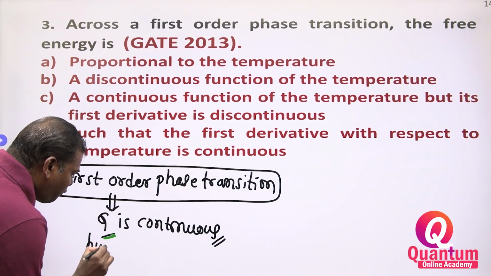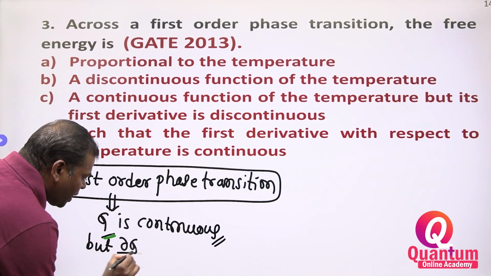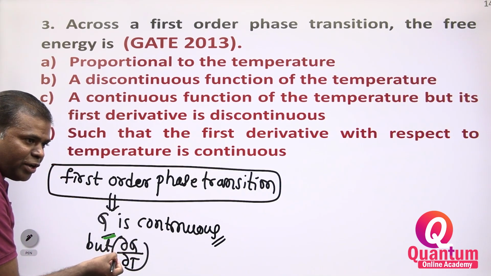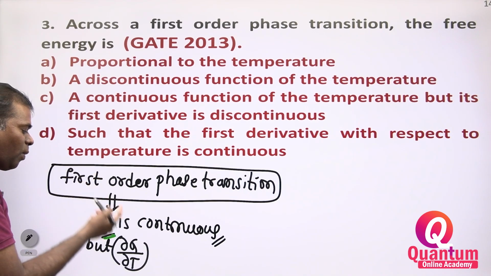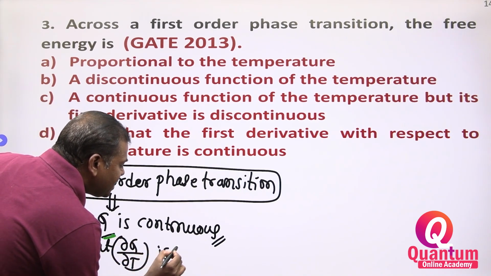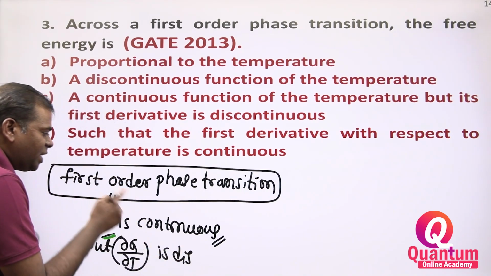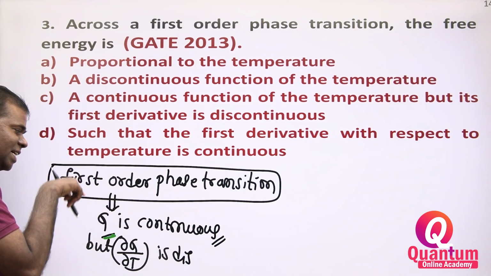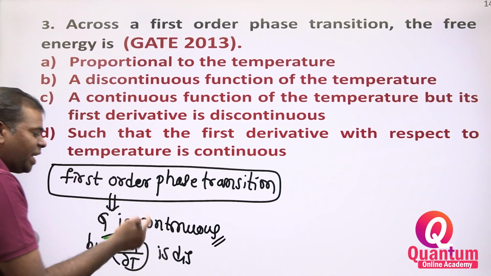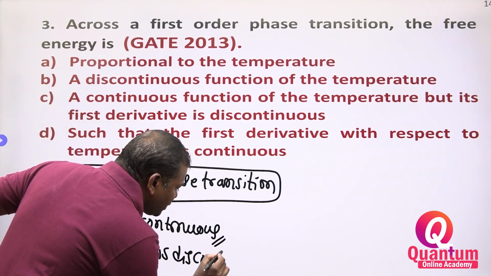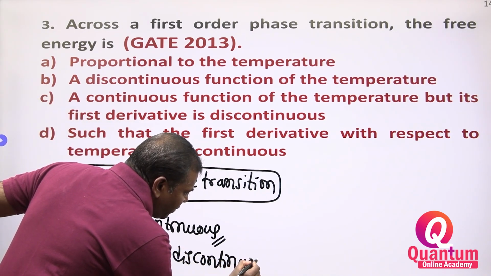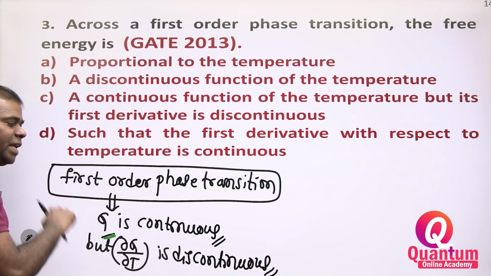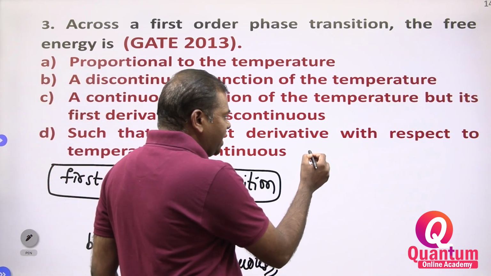But the first derivative of the Gibbs free energy, ∂G/∂T, the first derivative with respect to temperature or pressure, whatever it may be, is discontinuous. For a first order phase transition, G is continuous, but the first derivative is discontinuous. How is it?